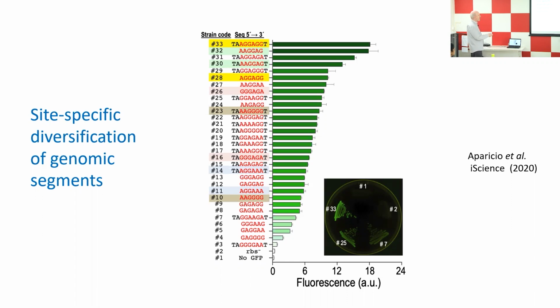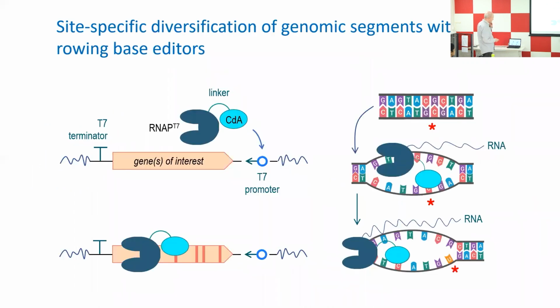And then by doing that, you can generate a great diversity in that particular place, and obviously as we were looking for an optimal or a very, very strong ribosomal binding site, then the system gave us the solutions that are at the top there. Okay, so this is something that you can do.